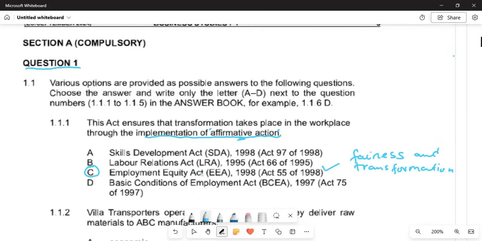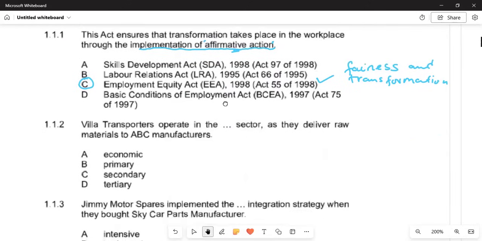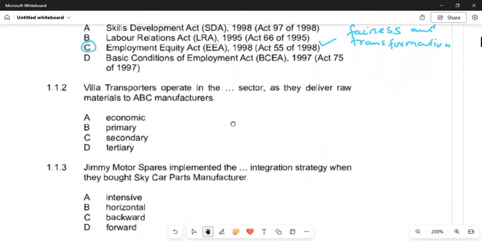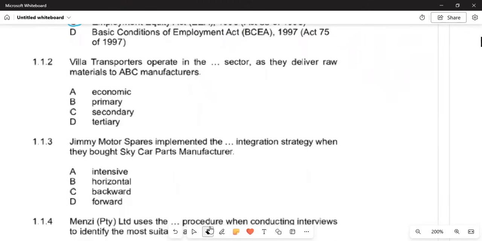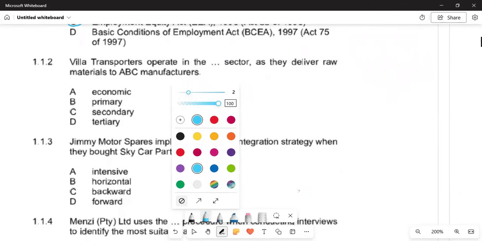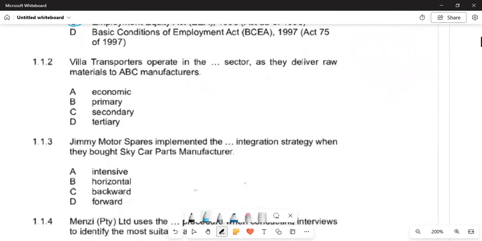Now we are moving on to question 1.1.2. It reads as follows: Villa Transporters operate in the dash sector as they deliver raw materials to ABC Manufacturers.